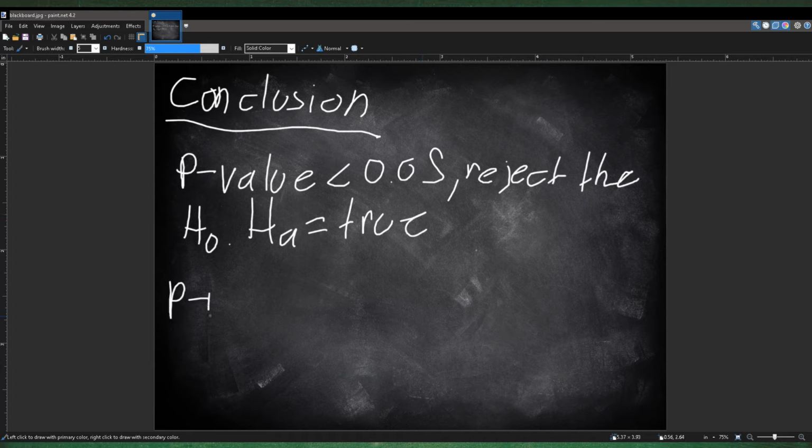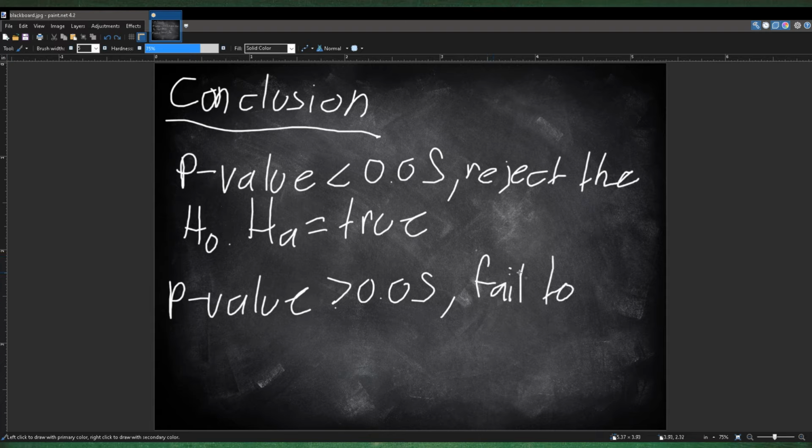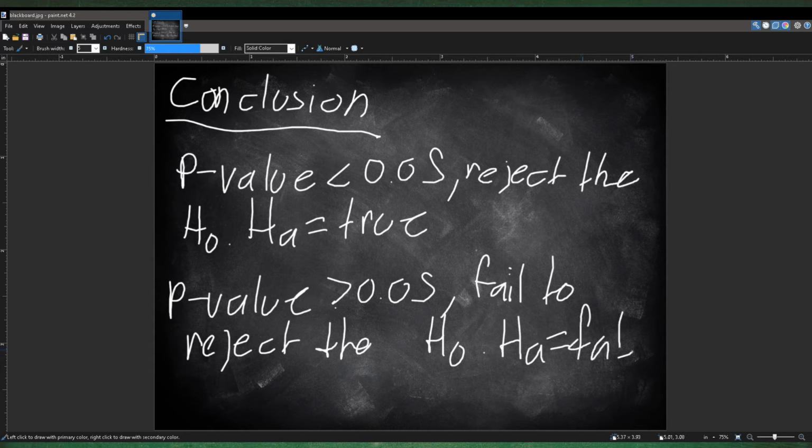And if your p-value is greater than 0.05, your alpha level, you fail to reject the null hypothesis, H0, and you say your alternative hypothesis is false.